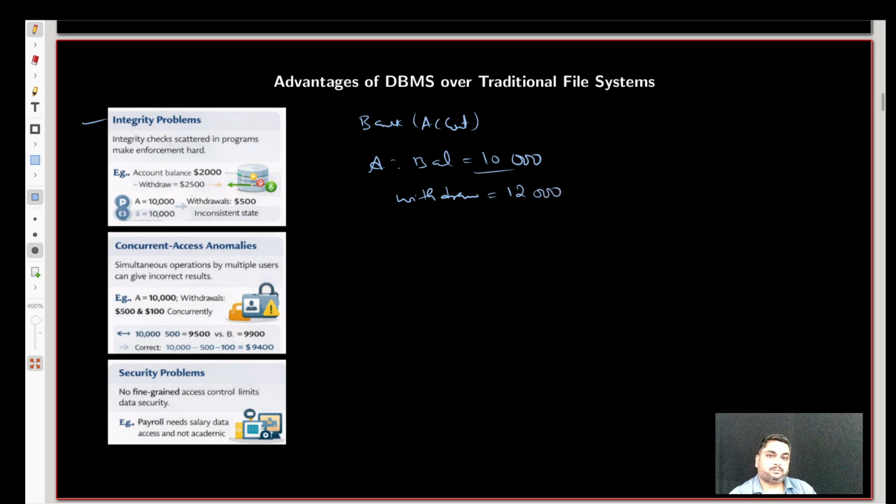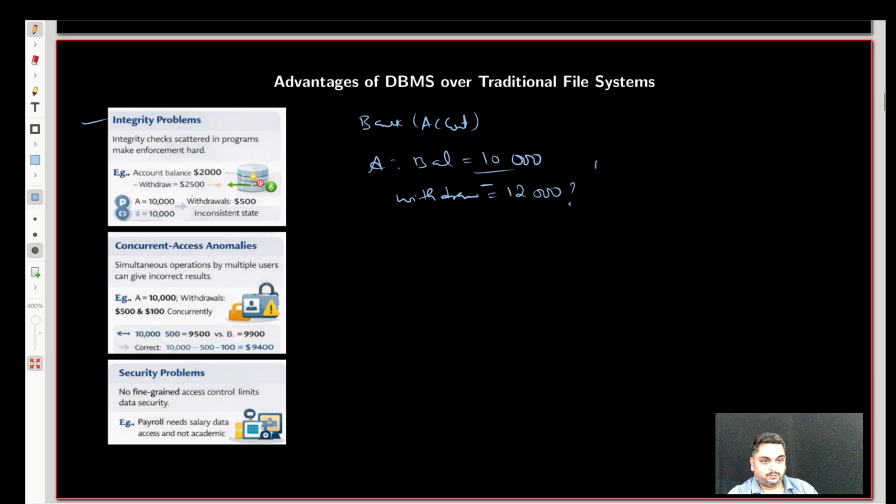You have to enforce some integrity. Integrity means some checks, whether this subtraction operation is permitted or not.